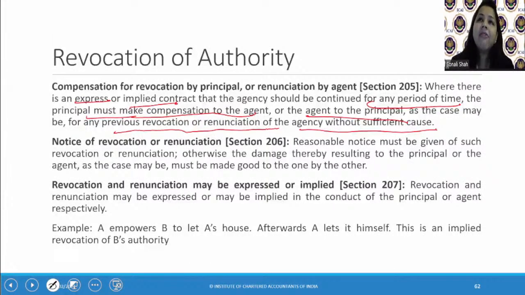Let's say if the agent does not have the required skill to perform a particular task, the principal may revoke the authority. So here there is a sufficient cause. There is a reason for revoking the authority. Where the revocation or renunciation is done without sufficient cause, in that case, whatever the scenario is, either of the parties will compensate the other for the early revocation or the renunciation.